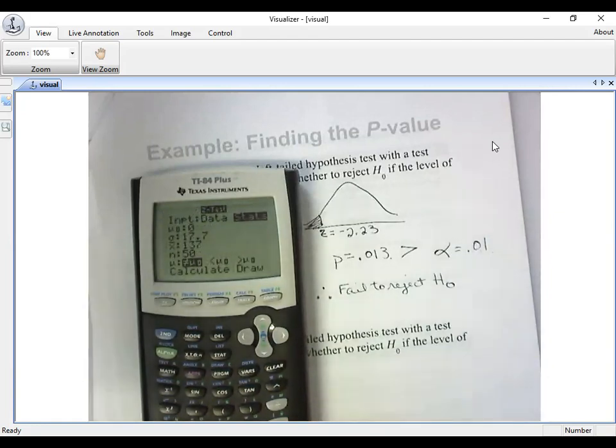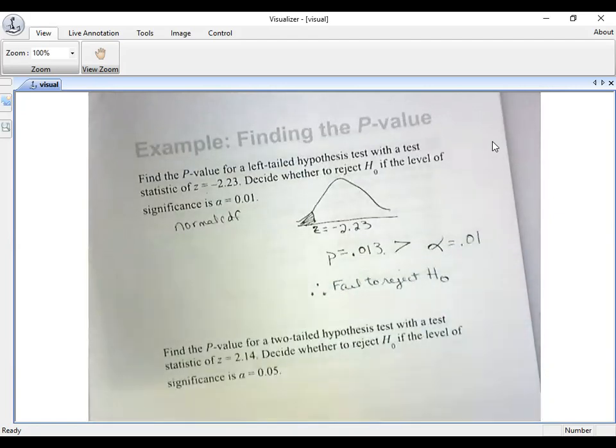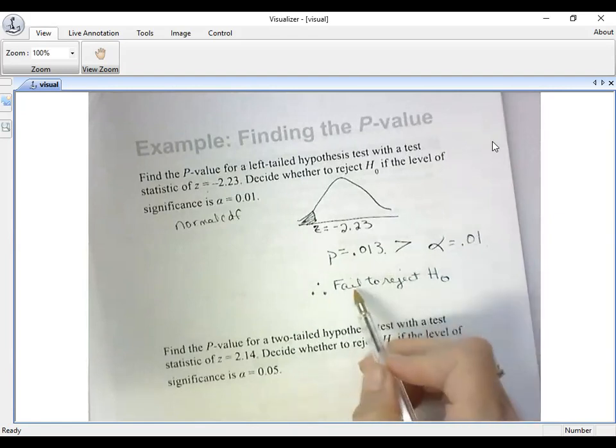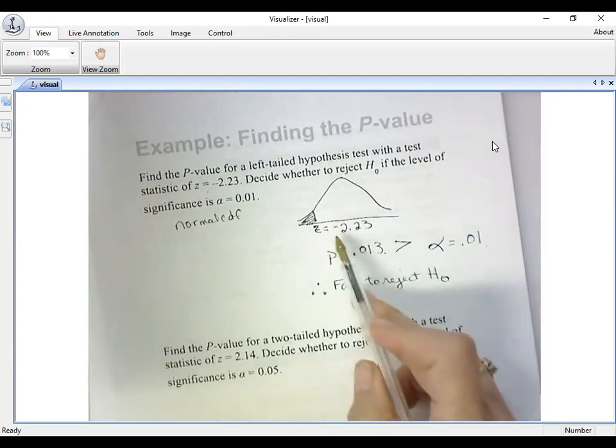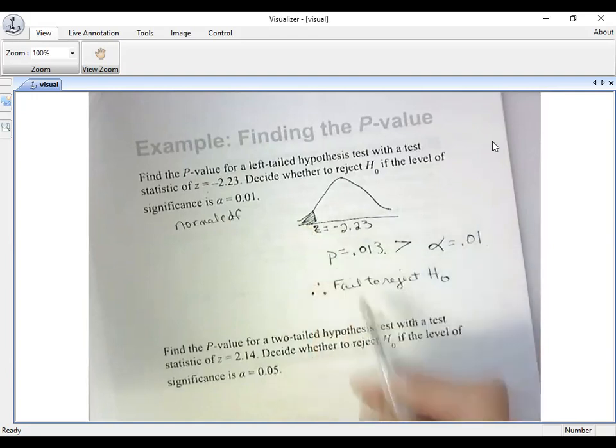I'm going to be putting in stats. Actually, never mind. We're not ready to do this yet. I'm jumping ahead. We'll get there in a minute. We're going to be doing a Z test. But for now, I would use a normal CDF to get the area for this region, and that's your p-value that you compare with your alpha.